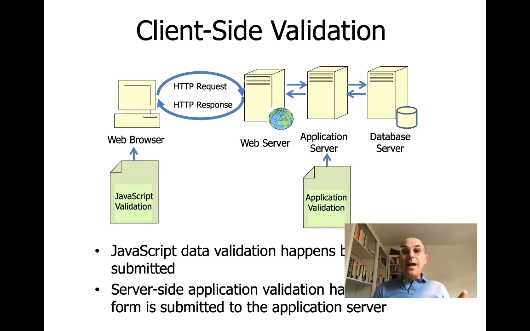So on the client side, we have JavaScript validation. We check to see if the user actually submitted the form as we requested. It goes to the browser, and then from the browser it goes to validation, and is stored in the database. We have application validation, and then go back to validate.